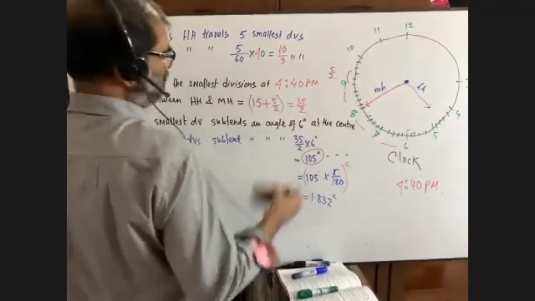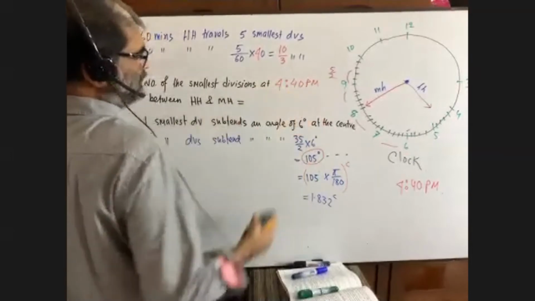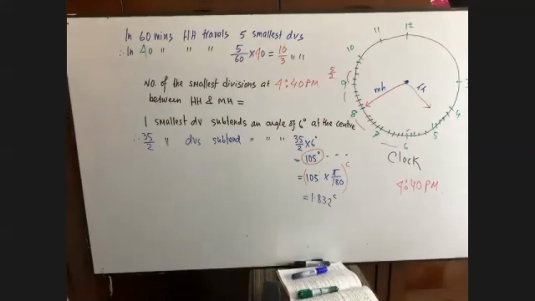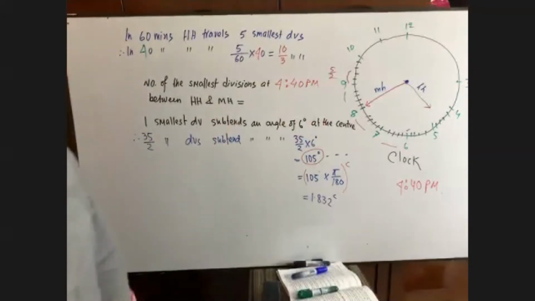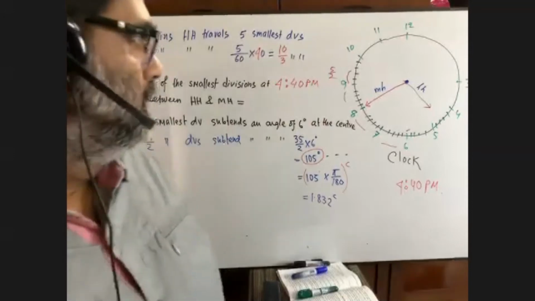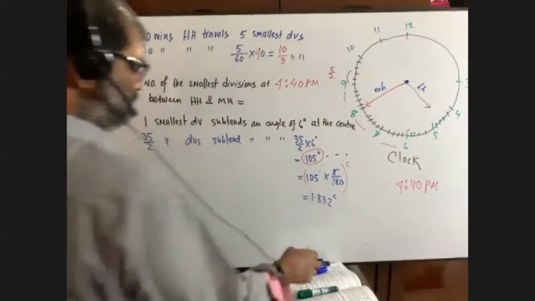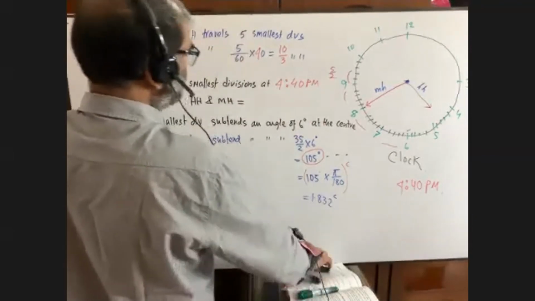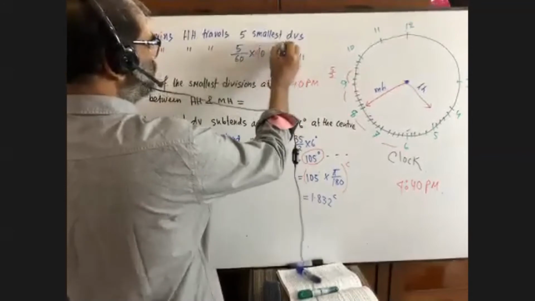Okay, let me know how many number of divisions are there between the hour hand and minute hand at 4:40 p.m. Count it. 110 degrees. Now you have to count it at first. Can you please let me know in this math, this 10 by 3 divisions, where it is?